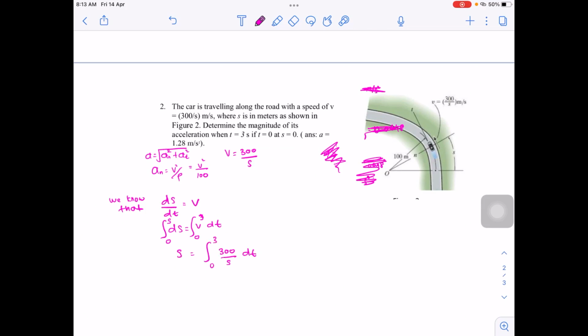Betul ke? ds over dt is equal to V. Macam mana integrate tu?